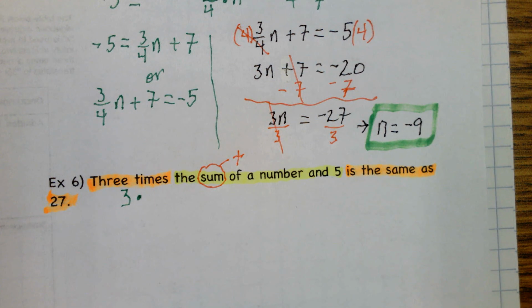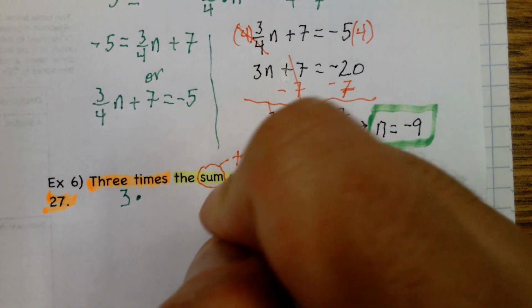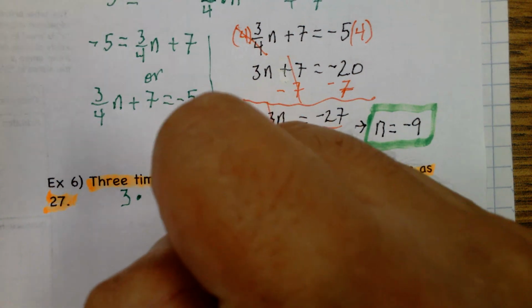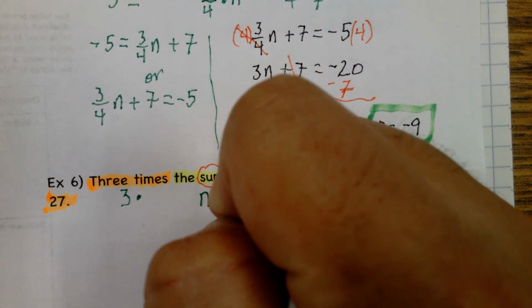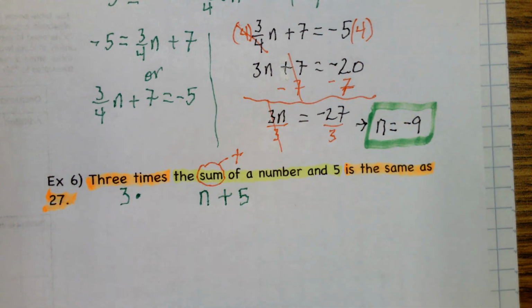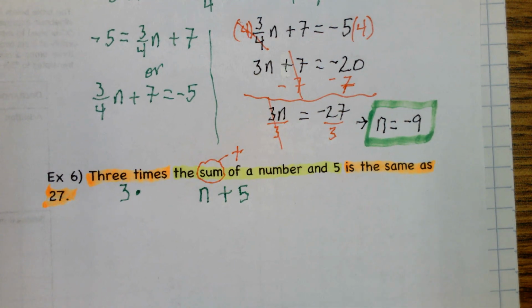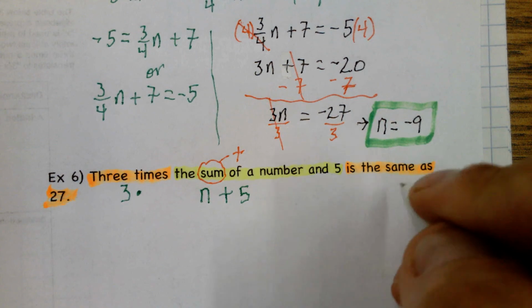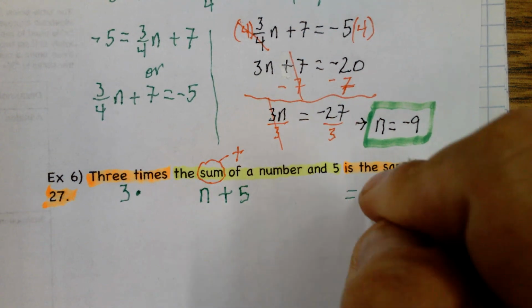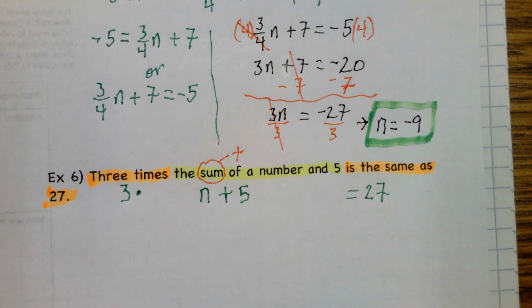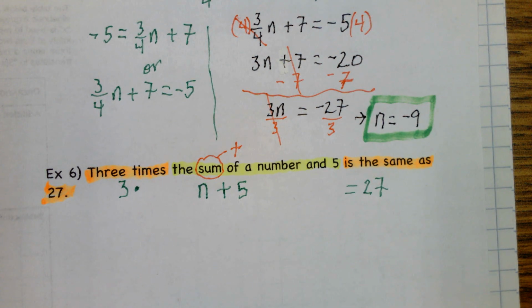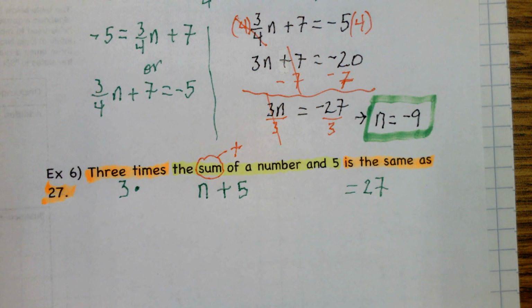Well, the things we're going to add are a number and 5. A number and 5. And then we have is the same as 27. Okay.